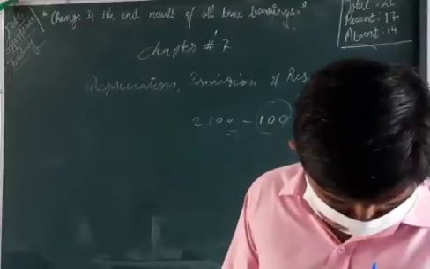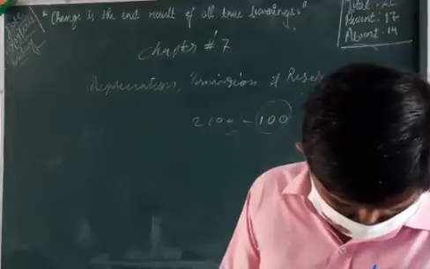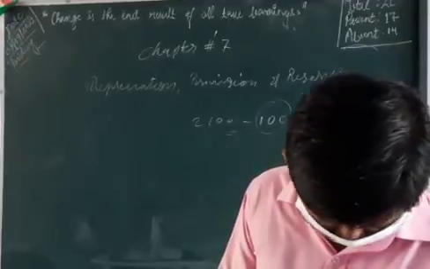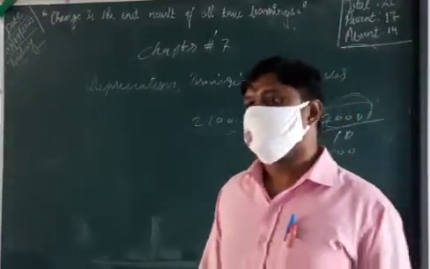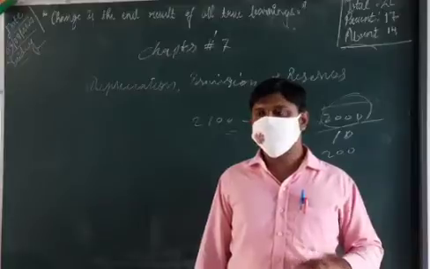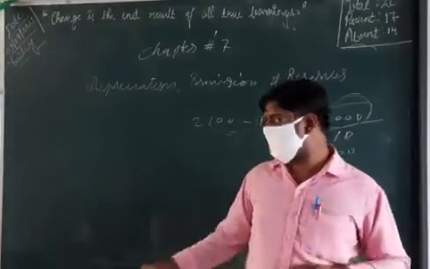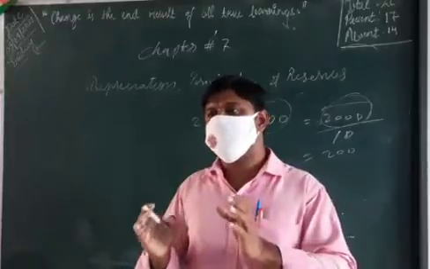Next we can see the fourth one: this method is suitable for those assets whose useful life can be estimated accurately. That means in some assets its expiry time or the useful lifetime we can accurately calculate.